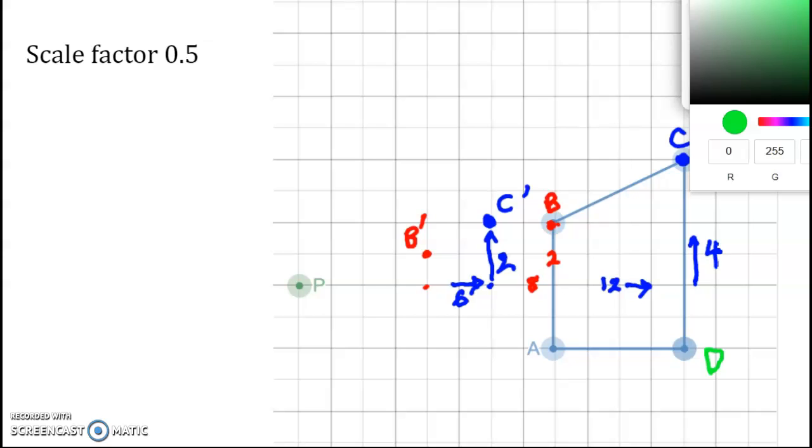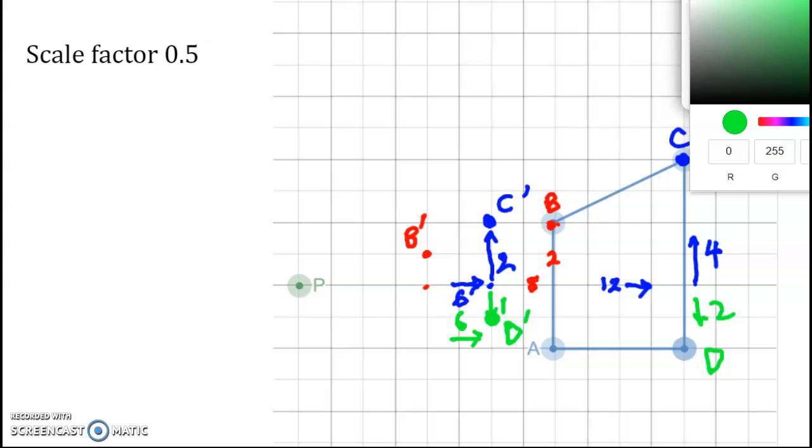So instead of 12 to the right, it will be 6 to the right. And instead of 2 down, it's going to be 1 down. So this is going to be my D prime here.